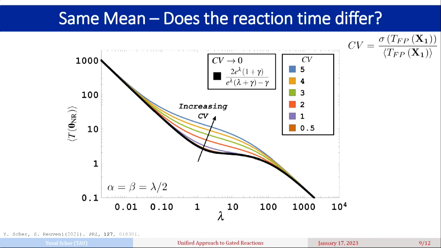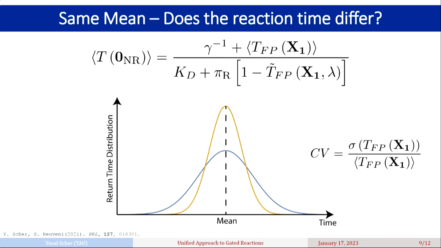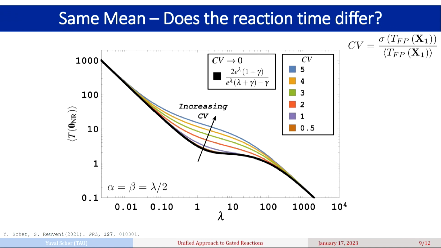We quantify the fluctuations by what is known as the coefficient of variation, which is simply the ratio between the standard deviation and the mean. And as this quantity increases, you can see that the mean reaction time is getting larger, and the black curve here is simply the deterministic case, so deterministic return time.